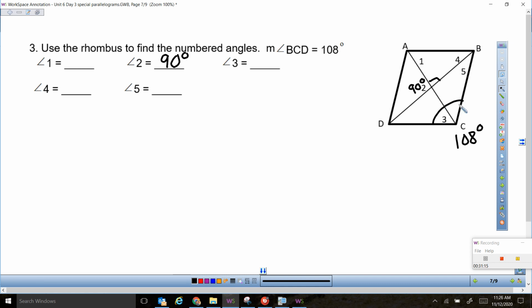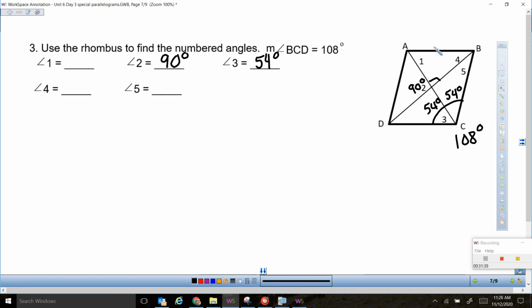What does bisect mean? Cuts it in half. So if that whole angle is 108, what's half of 108? 54. So angle 3 is 54 degrees. This angle beside it is also 54.